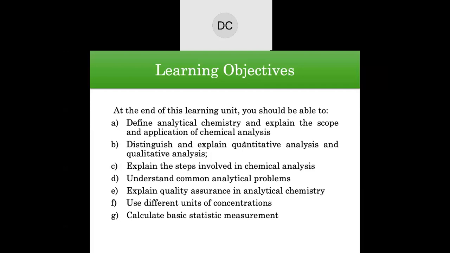The fourth one, understand the common analytical problem. Okay, yang biasanya kita jumpa apa contoh-contoh analytical problem. Explain the quality assurance and quality control in analytical chemistry. The fifth one, use different units of concentration. And the last one is to calculate the basic statistic measurement. Okay, for this first class, we will cover only the 1, 2, 3, 4 saja dulu.